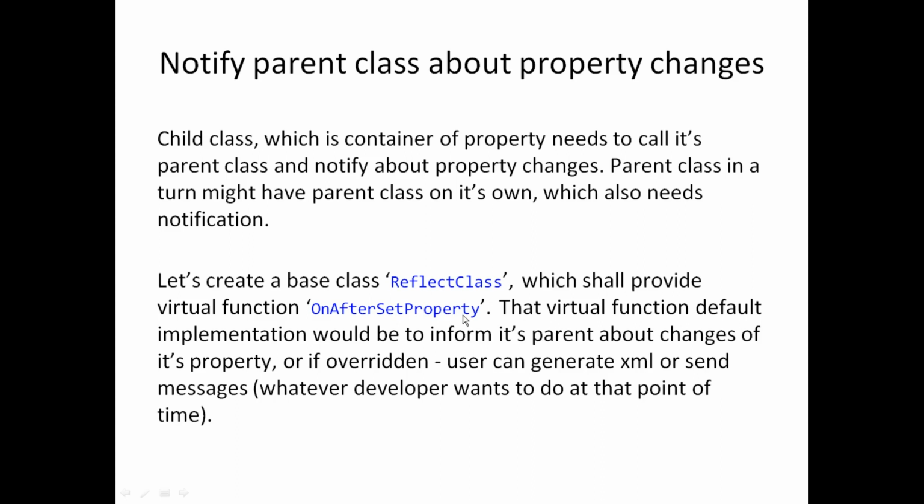That function would have a default implementation, which would simply collect all necessary information about those property changes and inform the parent about that property change. So if we have multiple classes inside another class, by using one function call we can have multiple returns back until we reach the parent class, the topmost class.